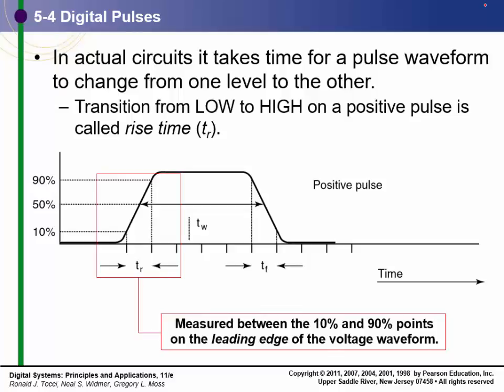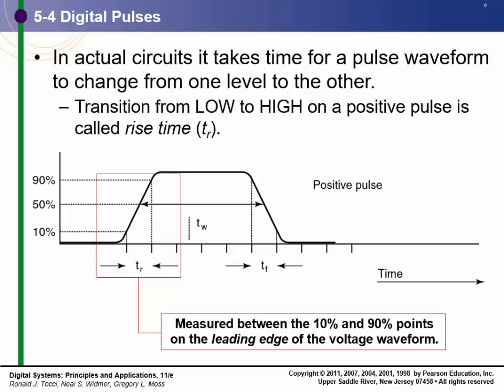In actual circuits, it takes time for the pulse to change from one level to another. In other words, nothing happens instantly. Nothing happens immediately in the electronics world, because there's capacitance on the board, there's resistance on the board.